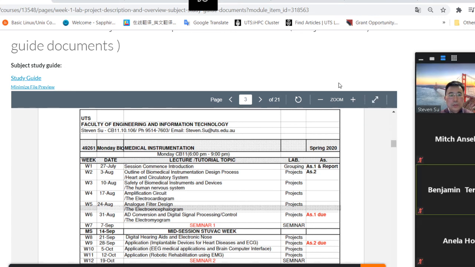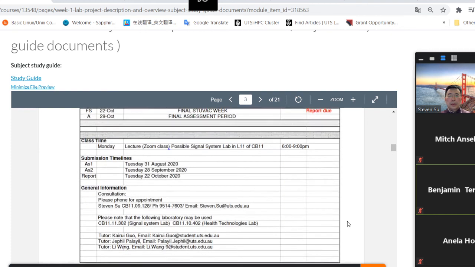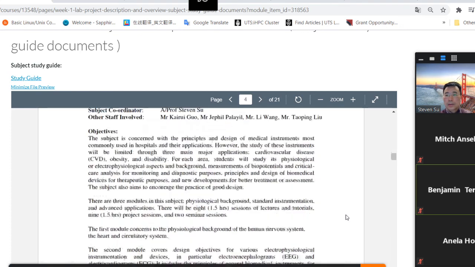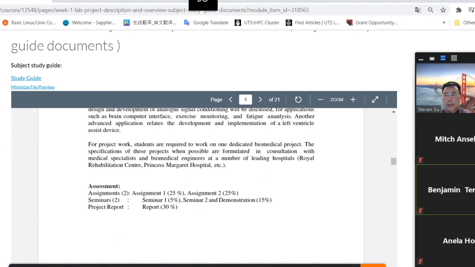I think you should concentrate on assignment 1 first, and then you can think about assignment 2 as well. This is something I want to emphasize. Next week, I will discuss filter design with you.